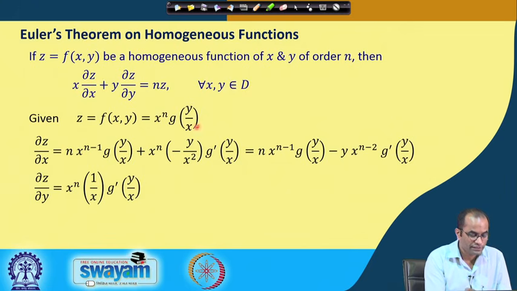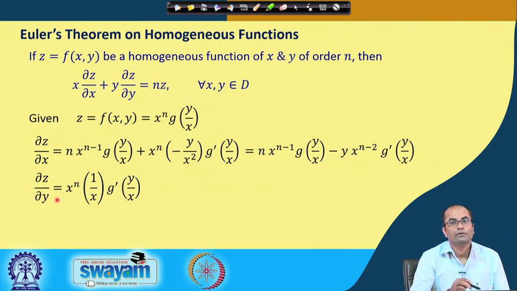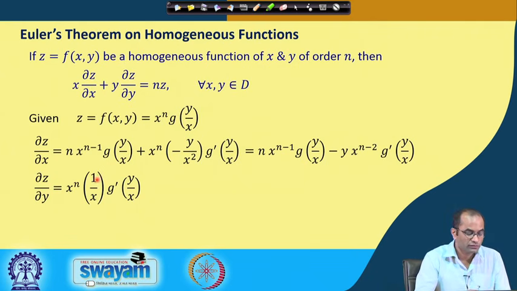We have to differentiate now with respect to y. So, x power n will be treated as constant, and we have to just differentiate this term. So, we have g prime of y over x, and then the derivative of y over x with respect to y will be just 1 over x.